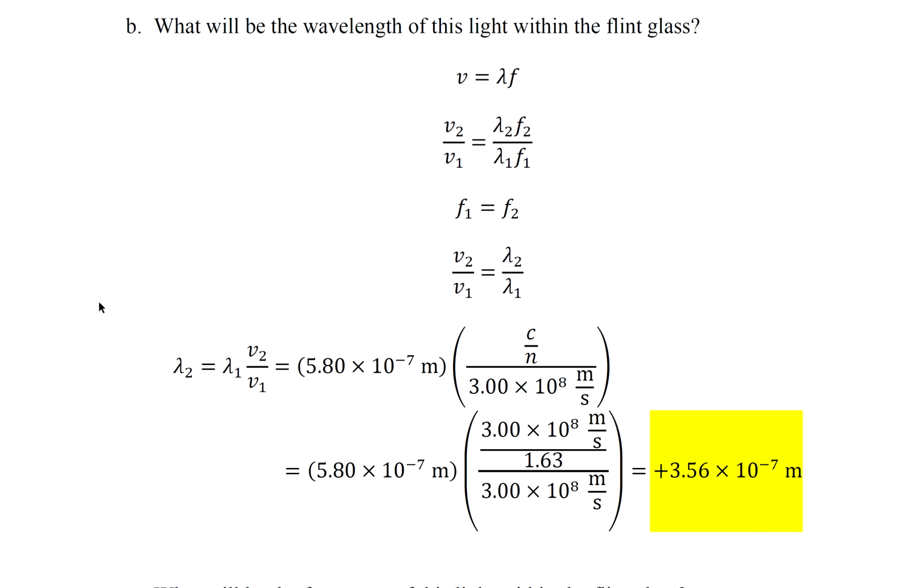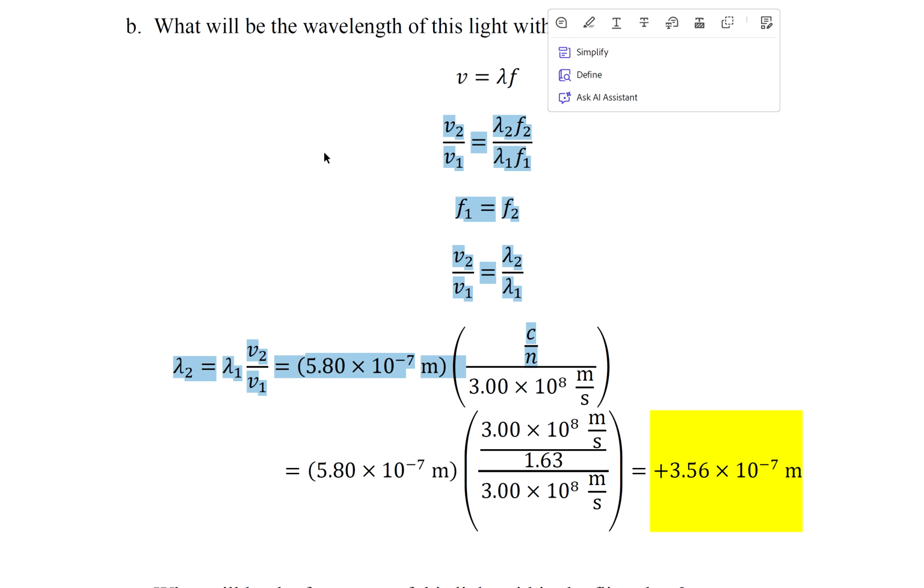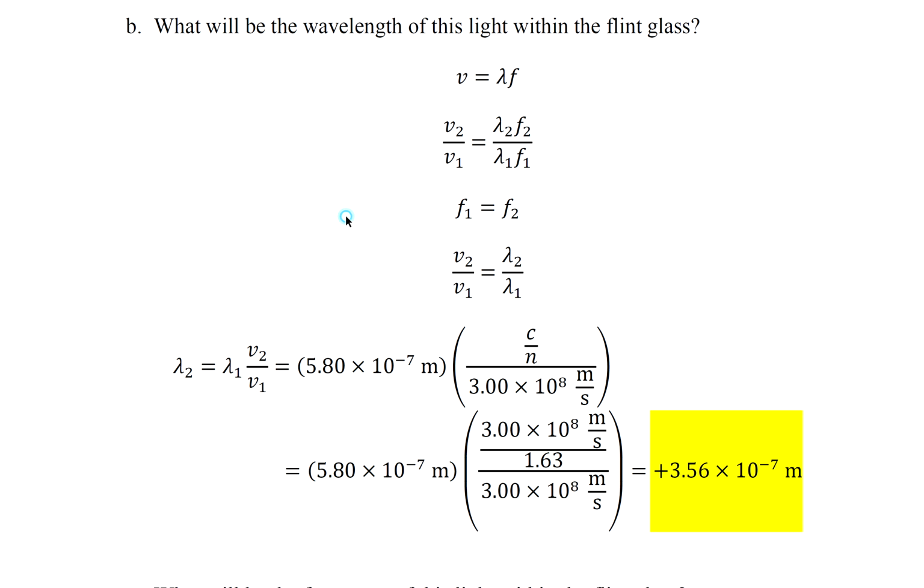Part B, what will be the wavelength of this light within the flint glass? V equals lambda f. So V1 equals lambda 1 f1, divide that by V2 equals lambda 2 f2. We know f1 equals f2. We could solve for lambda 2.